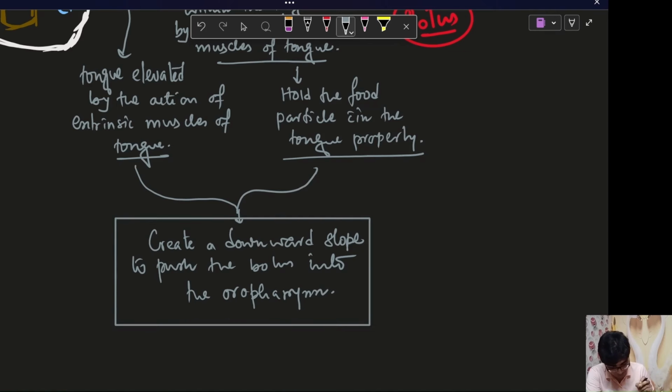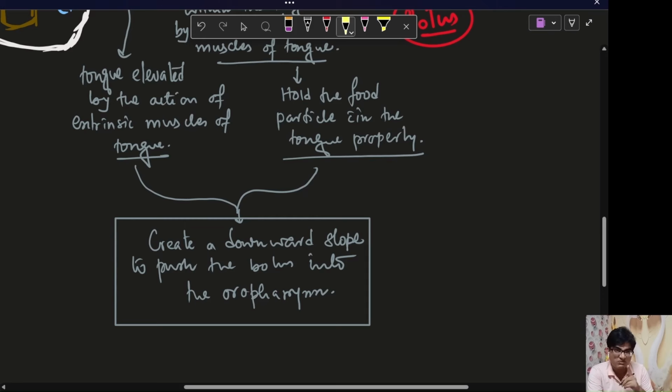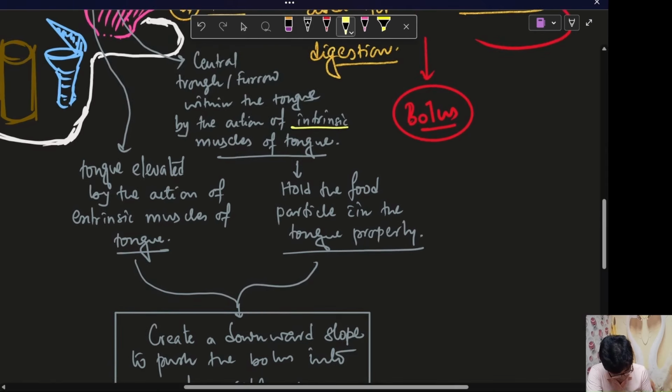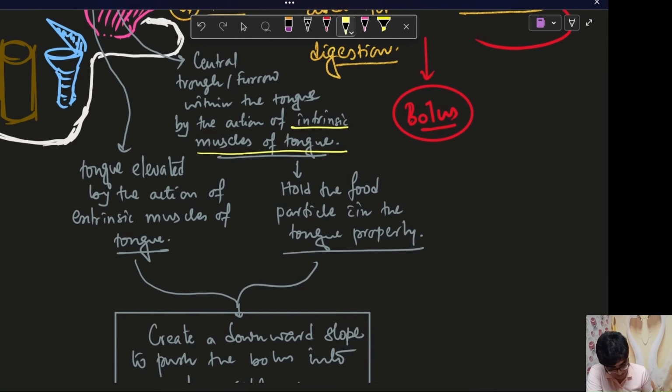Now I have said that the process of deglutition is a neuromuscular coordinated process. So what nerve is doing all these things? Firstly, the intrinsic muscles of the tongue are being innervated. What are these intrinsic muscles?